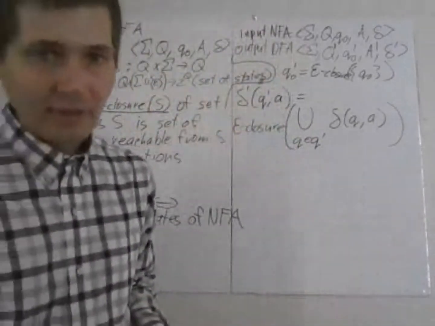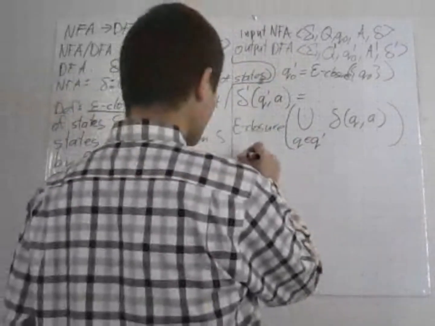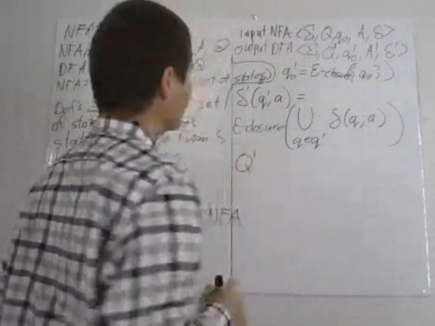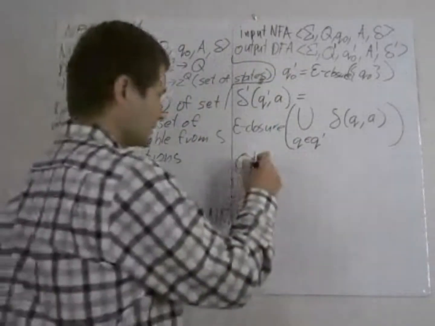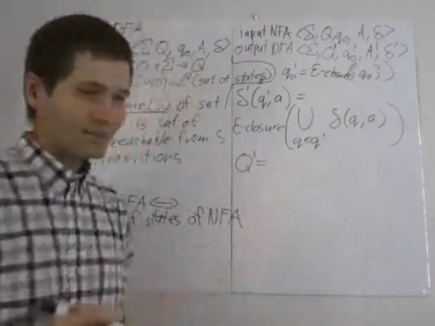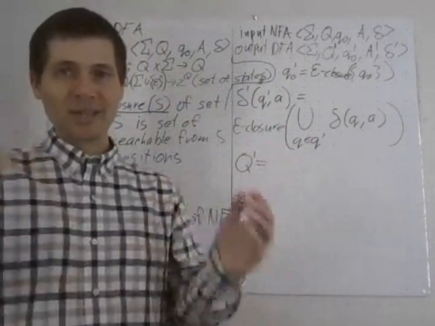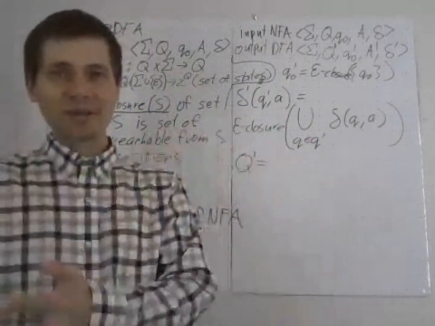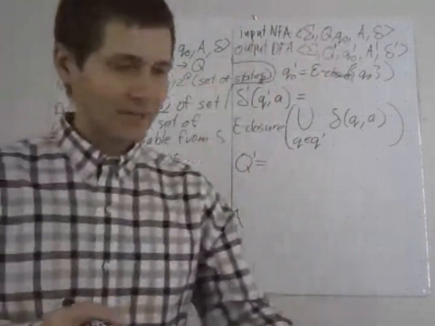Okay. All right, so what is the set of states? And maybe I should have done this one first. Well, so one answer would be the power set of states, so the set of all subsets of Q, could be my set of states.